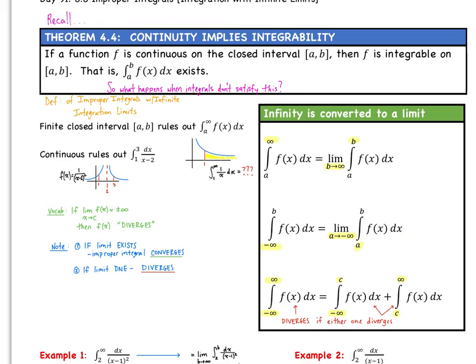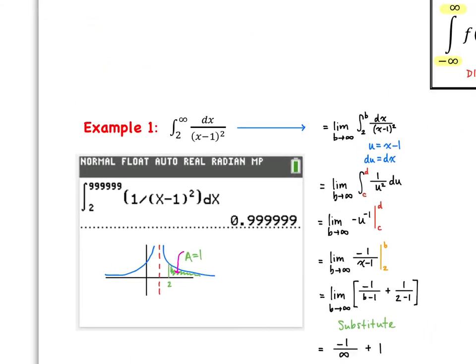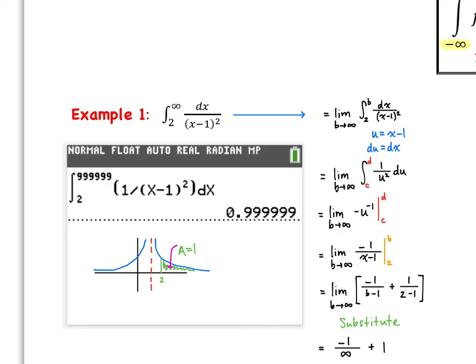If either one of these diverges, then we could say the whole thing diverges. So we don't necessarily need to test both of these right from the beginning, and you'll see that in an example. Let's go straight to our first example.